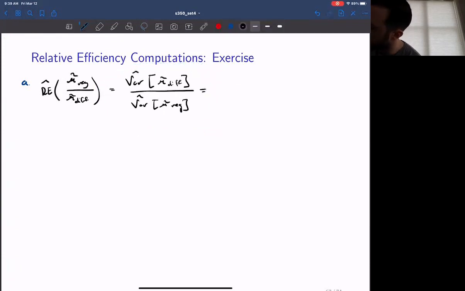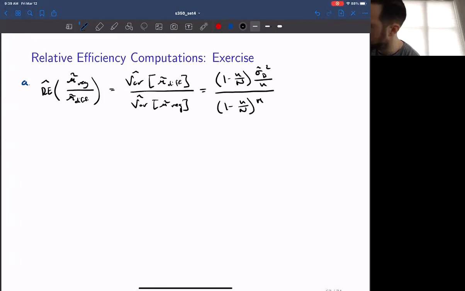Okay, so we're going to have here 1 minus little n over capital N times what we called sigma hat d squared over little n, divided by 1 minus little n over capital N multiplied by the MSE over little n.